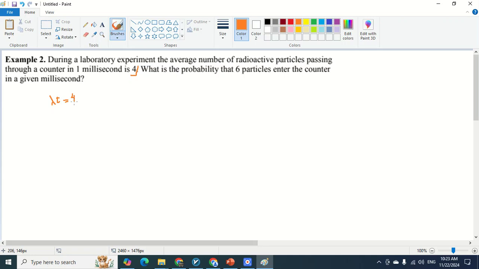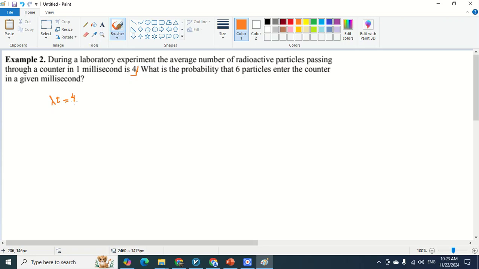The other part of the question is about the probability of something. One characteristic of this distribution is that the phenomenon occurs at some average value during a time or in a specific place.